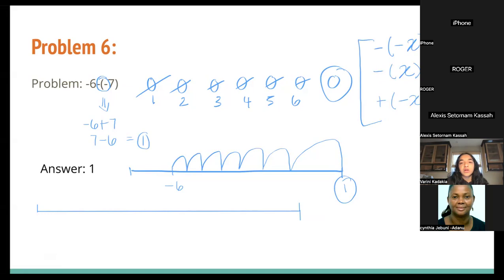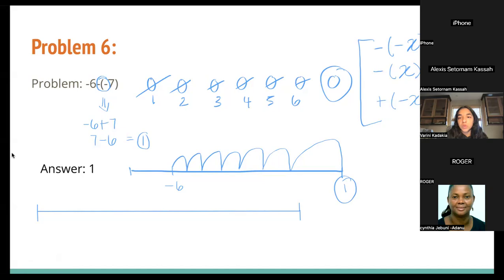Okay, I'm going to clear the board. Does anyone still need time to note stuff down? Okay, I will leave it up for another minute. I think we're gonna move on from adding and subtracting negative numbers, and we're gonna watch a video on how to multiply and divide negative numbers.